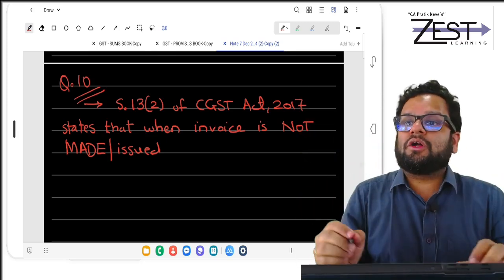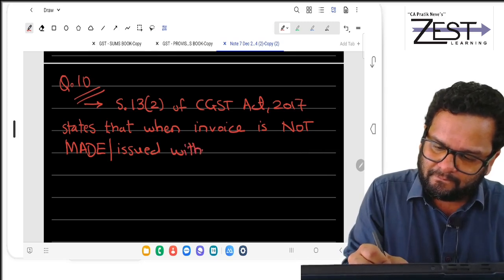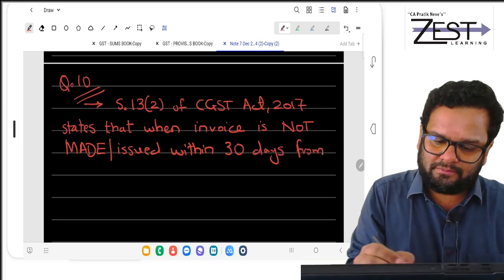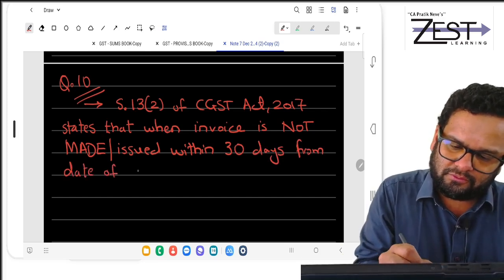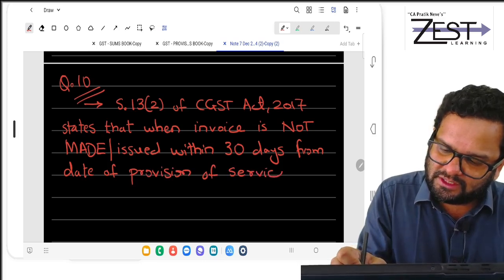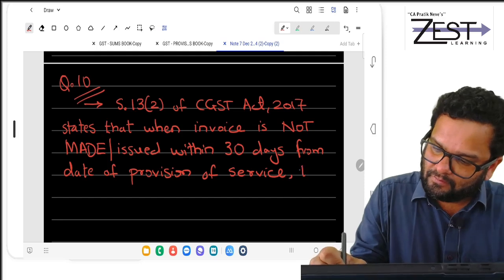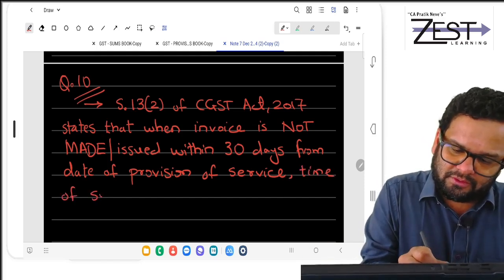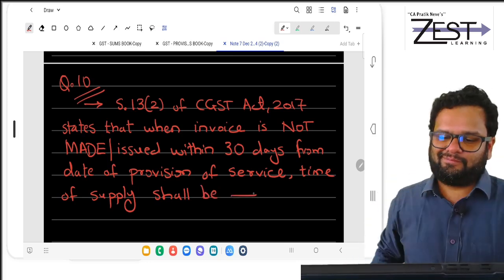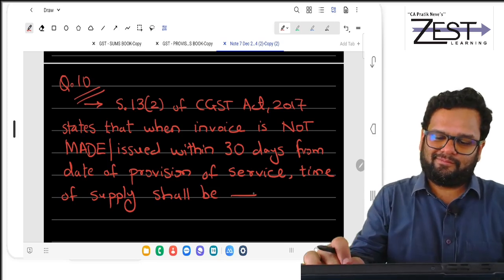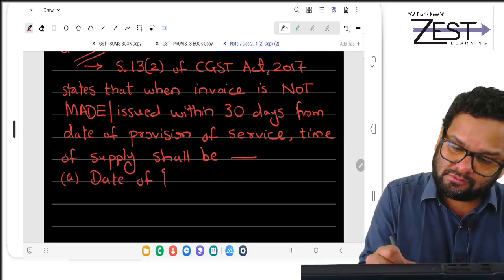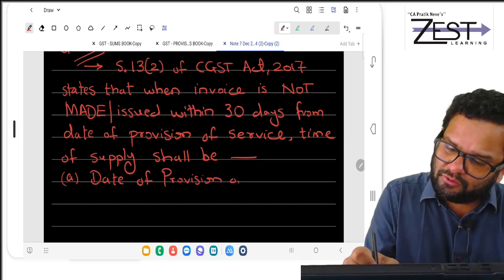Okay. When invoice is not issued within what? 30 days from date of provision of service, time of supply shall be date of provision of service.